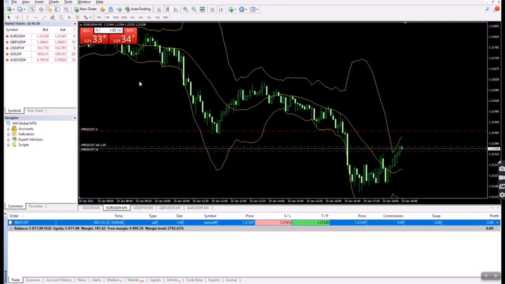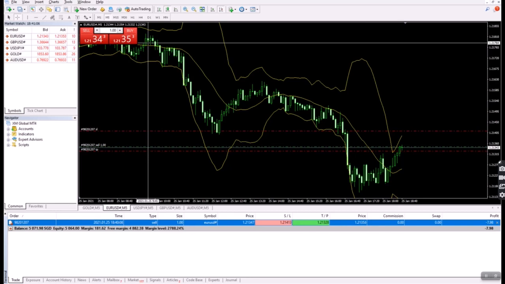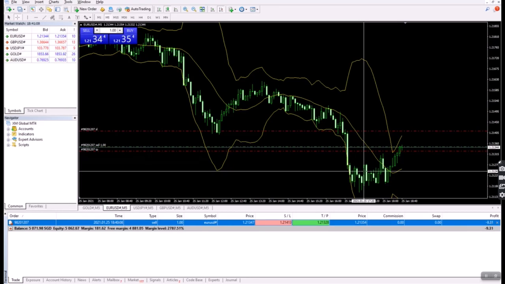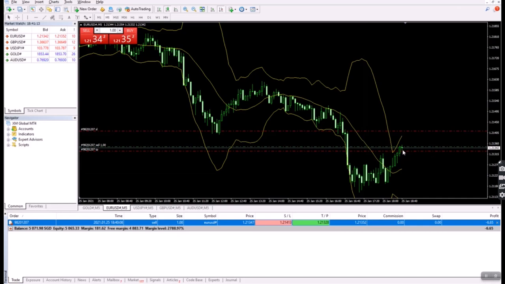For traders that trade the whole trend, meaning you have a $10,000 account trading 0.01 lot and targeting from here to here, you probably just make about $100 or so. But with just this small tiny margin within the candle, you can potentially make $25 already.